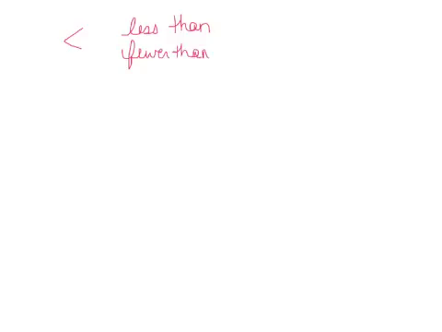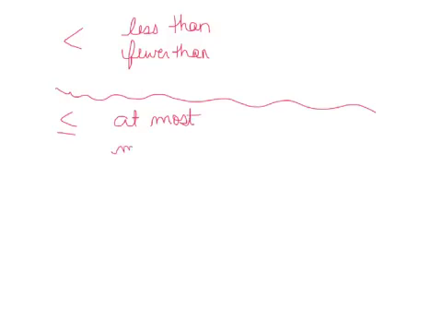We will also use, for less than or equal to, at most, meaning that it has to be a value that's less than it. We'll use the words a maximum height, meaning that the height has to be underneath that. We will use the words no more than.